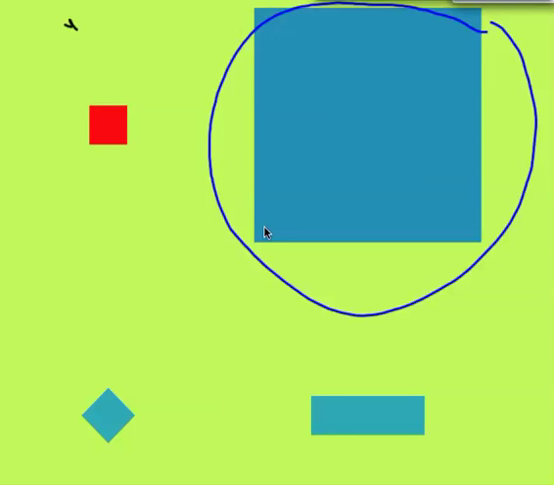Dana? Because if you make another square like that, it's a rectangle. Right, so what makes this one a square?